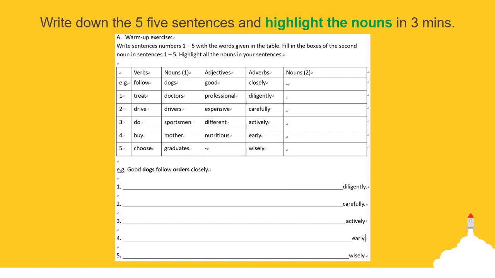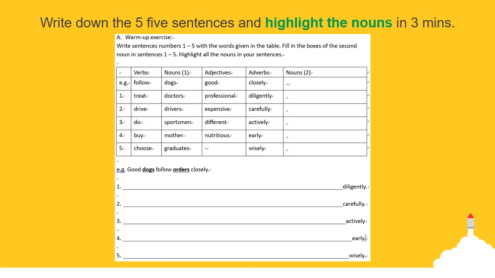Take a look at your worksheet. You should find in part A, there is a warm-up exercise. First of all, you will see a table where there are a number of vocabulary items. In this table, you can see the columns titled verbs, nouns, adjectives, adverbs, and nouns too.